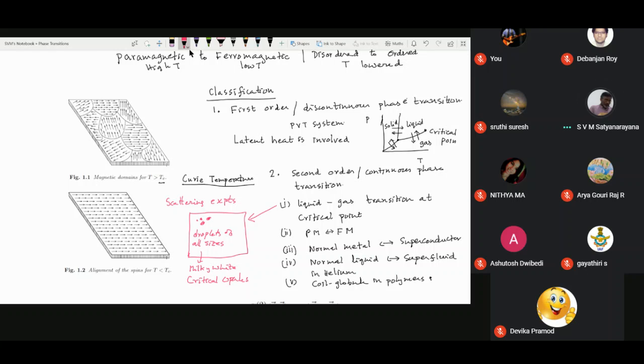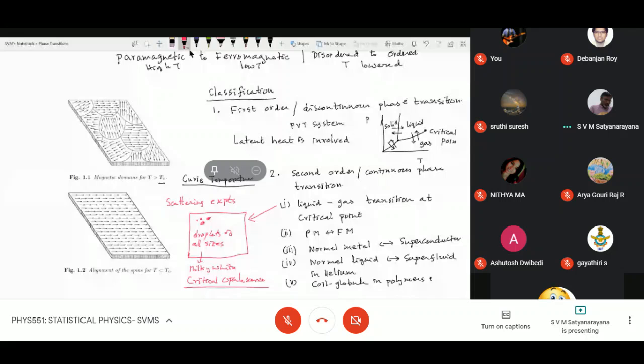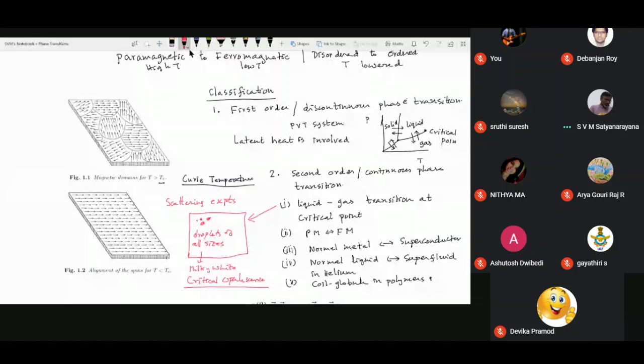Similarly, you can obtain similar information from a magnetic system by sending in a neutron beam, because the neutron has a magnetic moment, and from the scattering from a magnetic system we can understand the appearance of a larger scale.